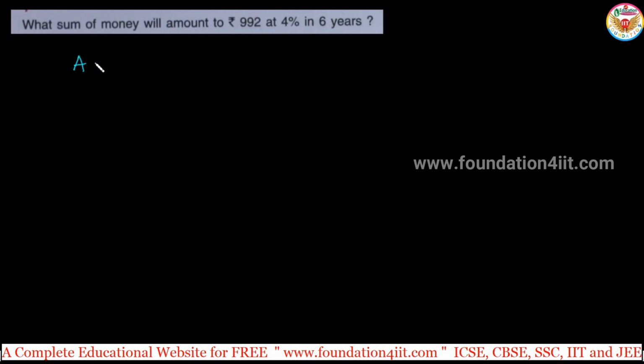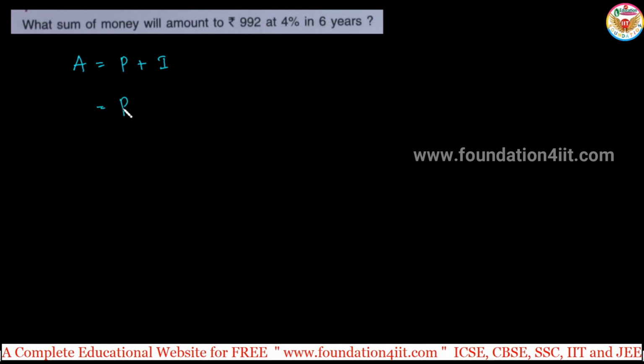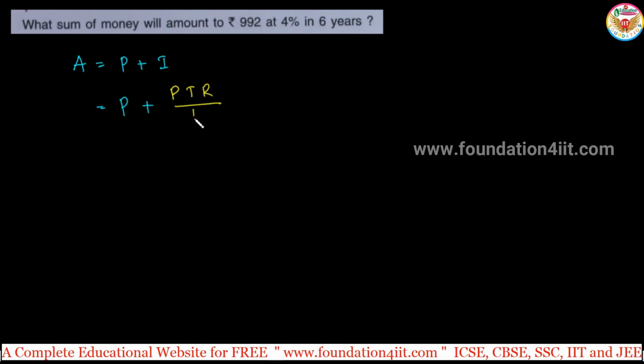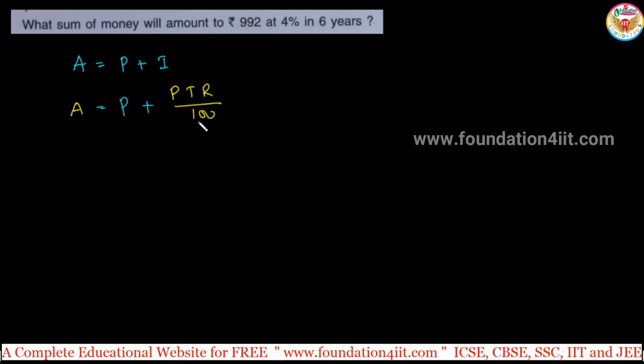We know the formula A is equal to P plus I. Amount is equal to principal plus interest. Now the interest formula is PTR by 100, so amount is equal to P plus PTR by 100. Let us substitute here.